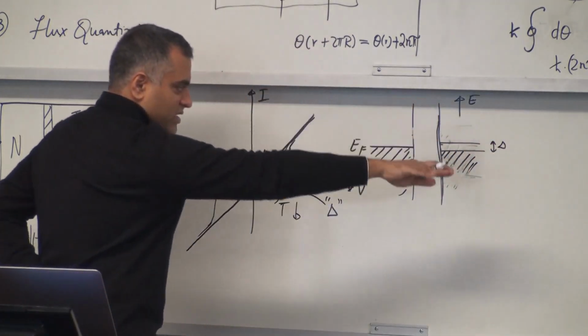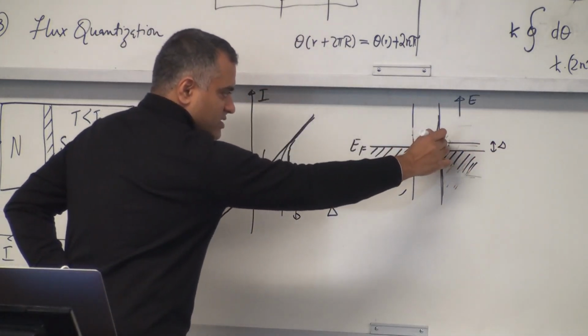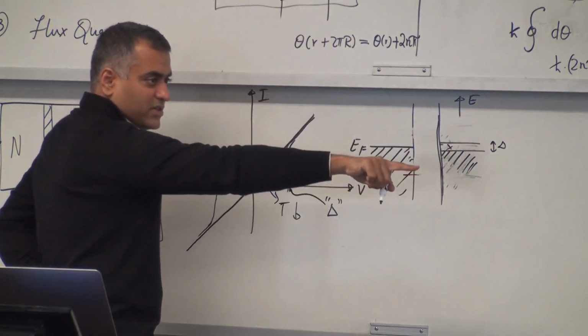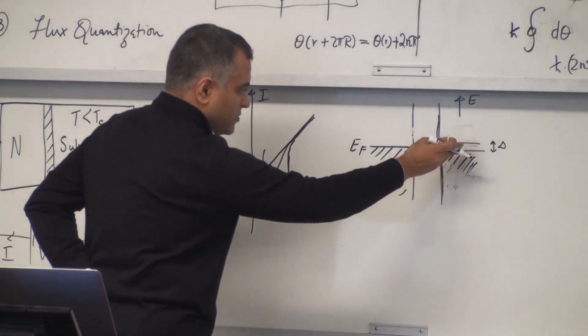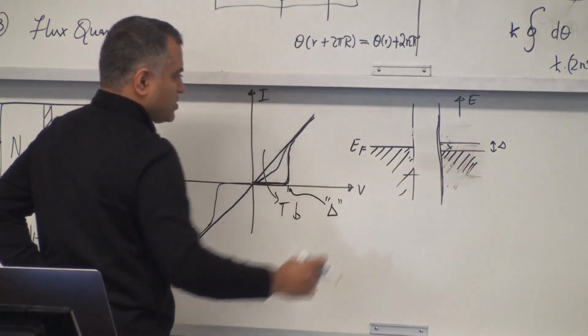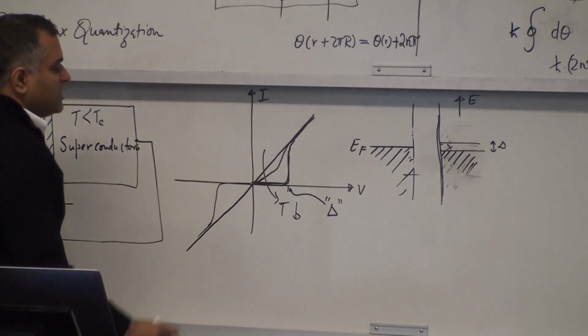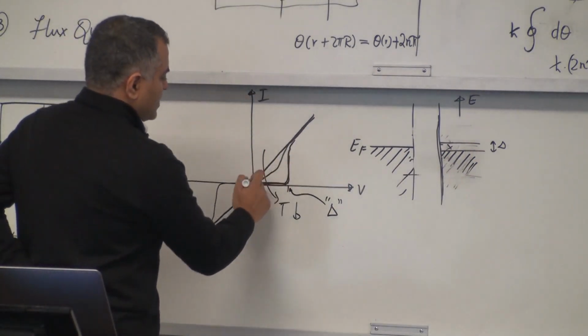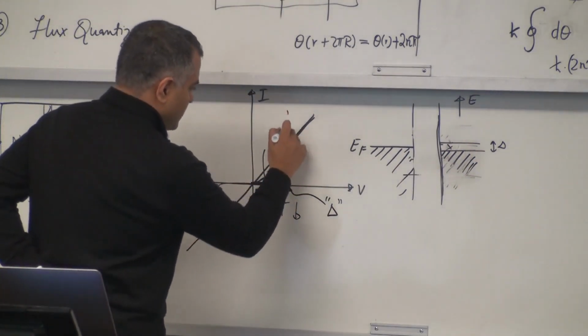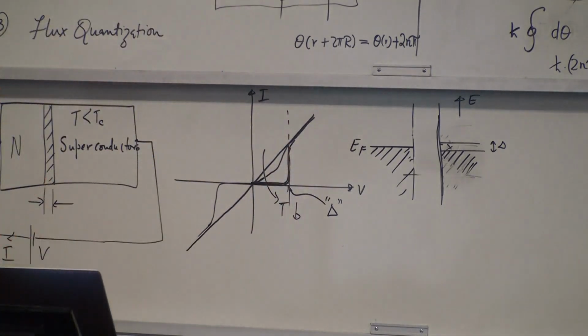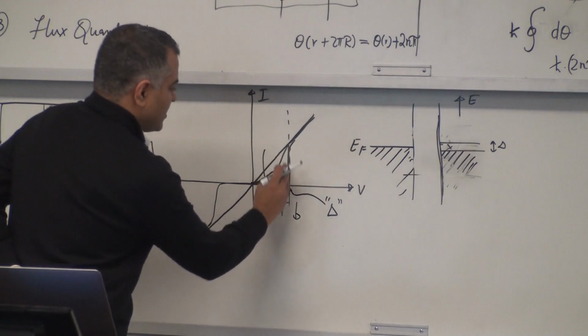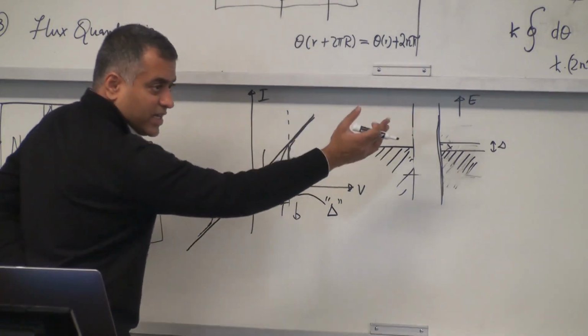Now if you want to tunnel, this much is forbidden. You can't put electrons in there, but if you go above or below, it's possible to get carriers in and out. So the current stops flowing till you reach that gap energy, and then you start flowing again.